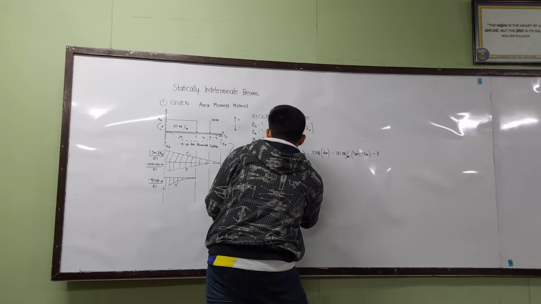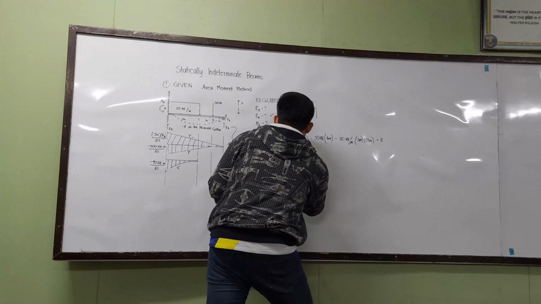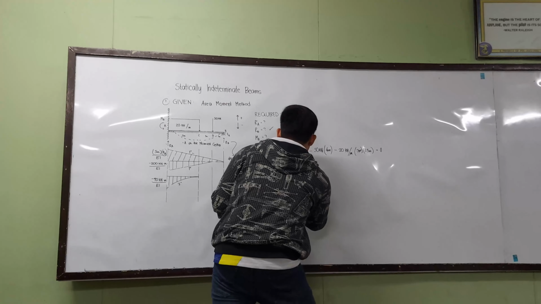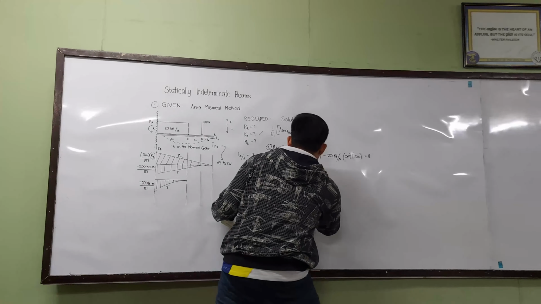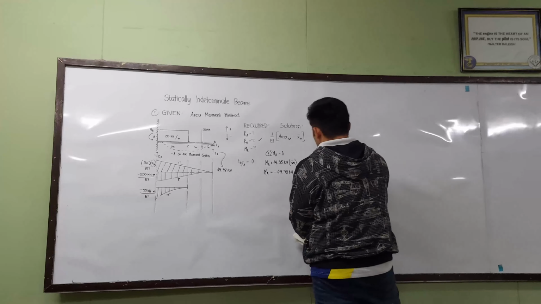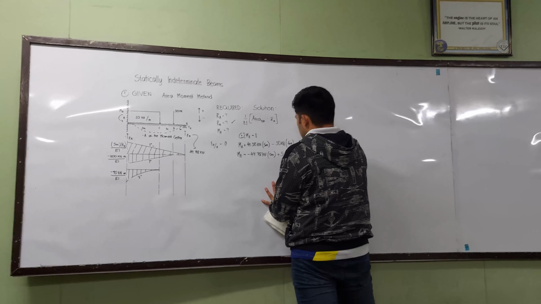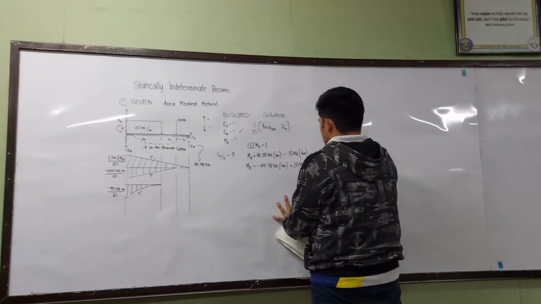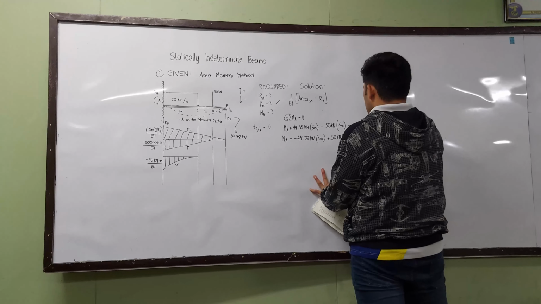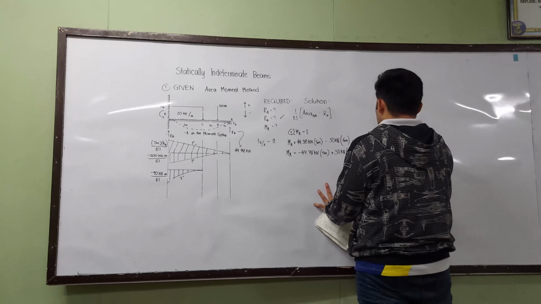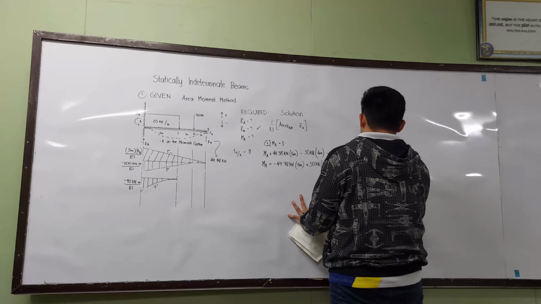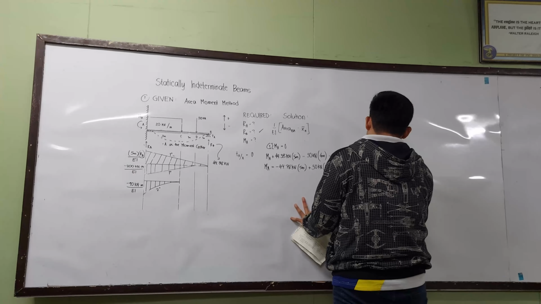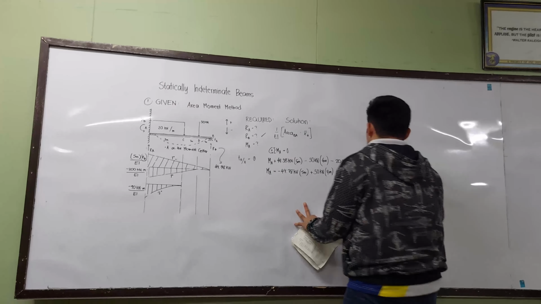So it will be moment of A is equals to now negative 44.38 kilonewtons times 5 meters plus, it's now positive since we transposed it, 50 kilonewtons times 4 meters plus 20 kilonewtons over meter times 3 meters times 1.5 meters. Cancel.